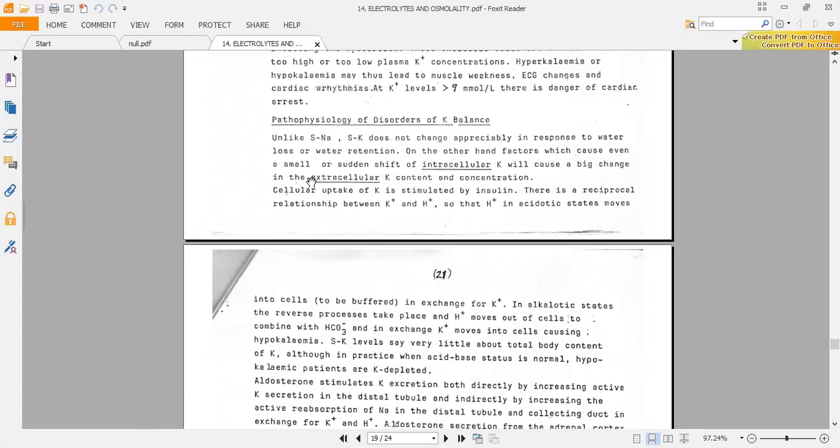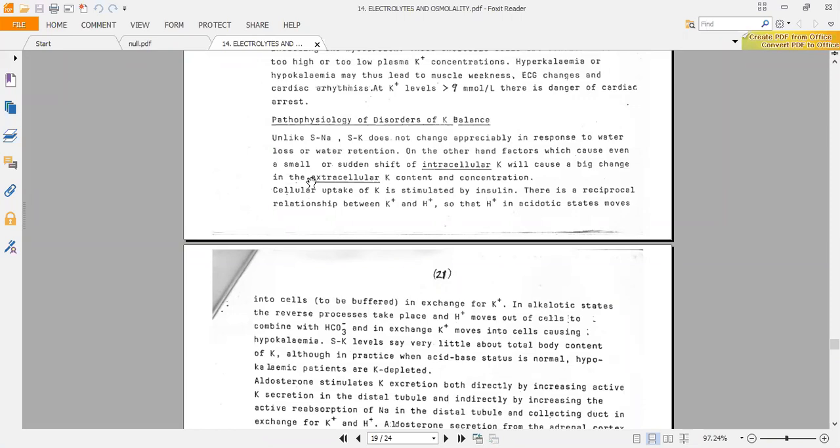So hypokalemia. Three, it's going to lead to loss of hydrogen ions, so you get alkalosis. So the effect of excessive aldosterone is hypernatremia, hypokalemia, and metabolic alkalosis. Remember these 3.